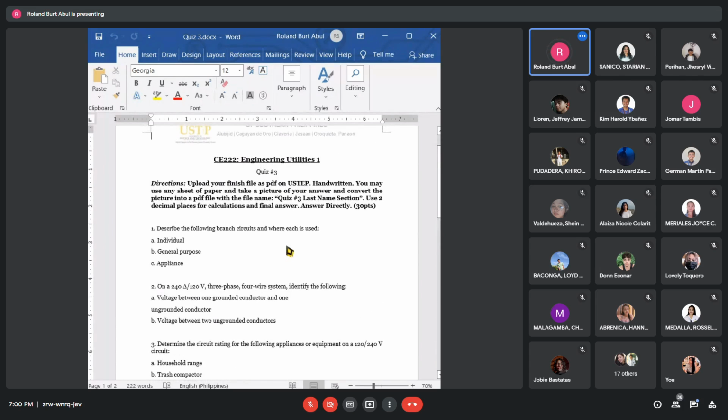The instructions are simple. It is handwritten. Then you upload your file as a PDF here in UStep. The file name is quiz3 then underscore last name and section. You may answer directly.